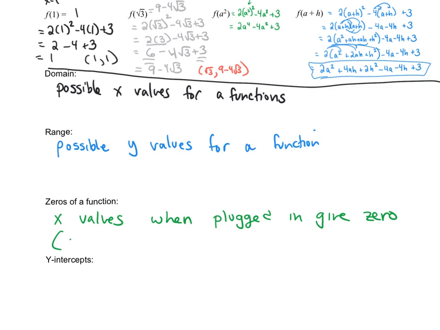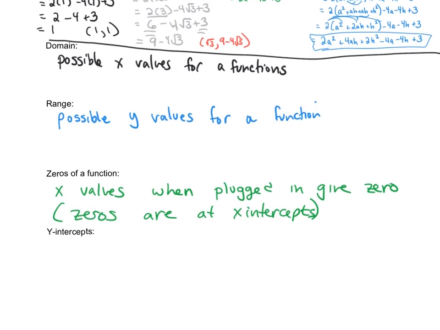If you recall, zeros are always at x-intercepts. So if you have an x-intercept on your graph, that is also a 0 of the function. The only exception to that would be if you have imaginary zeros, then those don't have x-intercepts. But quite honestly, in calculus, we do not deal with imaginary numbers very much. So we will just say for us, our zeros are going to be at x-intercepts.